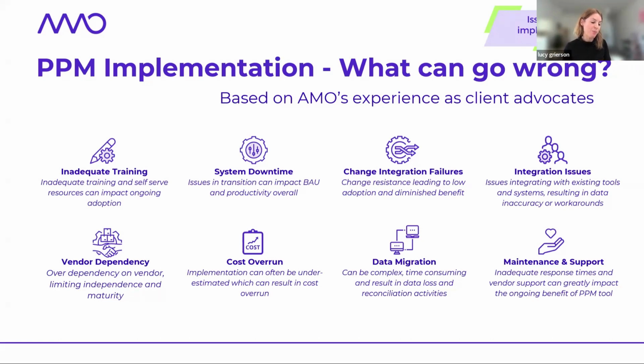The other really big one that we see is over-reliance on a vendor. So what this means is that the client hasn't set up adequate self-sufficiency in terms of technical know-how and capability. And then what that means is that the organization is not independent enough to drive their own optimization and maturity pathway.